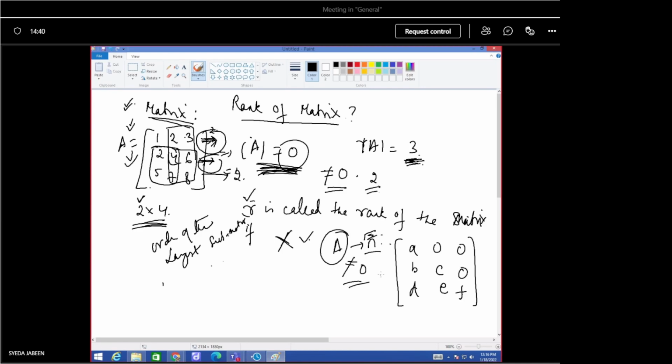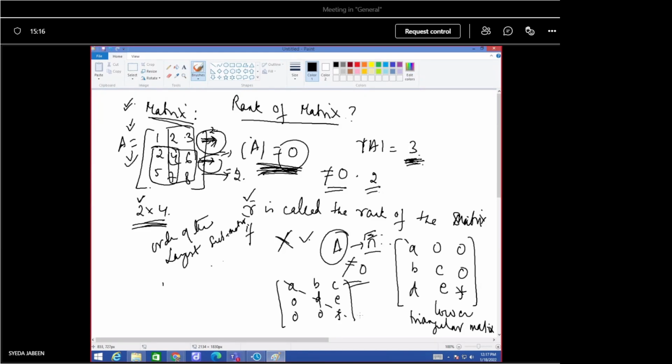This form of the matrix is called the lower triangular matrix, where you have non-zero elements below the diagonal. Or you can have another form of matrix, where you have non-zero elements above the diagonal.